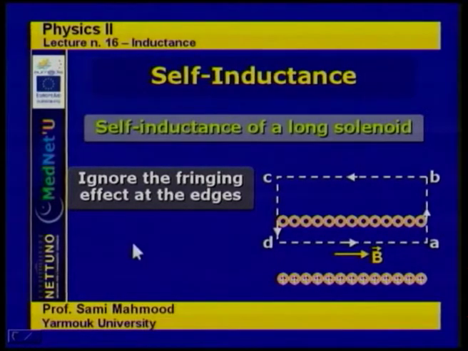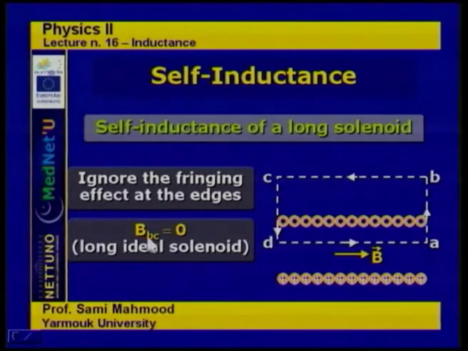We consider an ideal long solenoid where the fringes at the edges are ignored. And we can argue that the magnetic field outside the solenoid is zero.